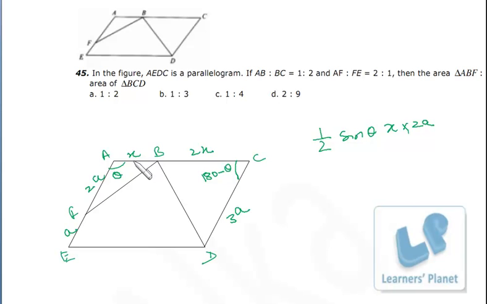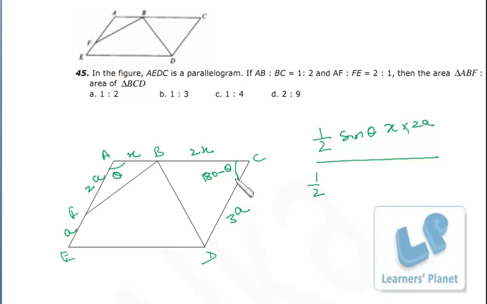So half 2a into x into sine theta, and area of this will be half sine 180 minus theta. Included angle over here is 180 minus theta, so it will be sine 180 minus theta. Now sine 180 minus theta, if you know, it is only sine theta.